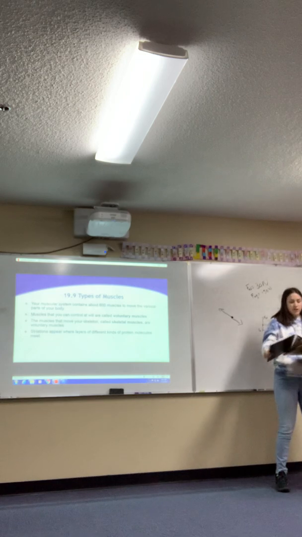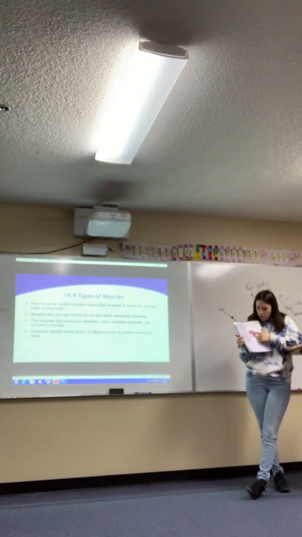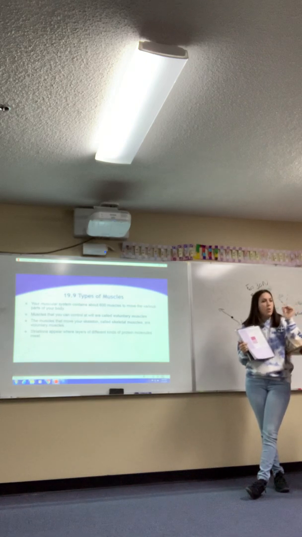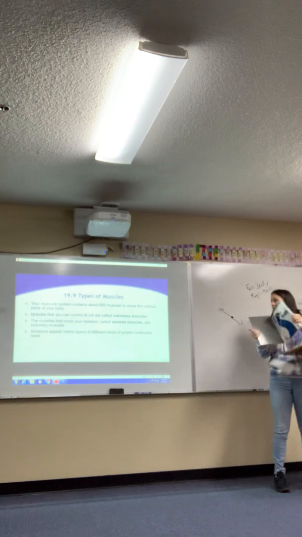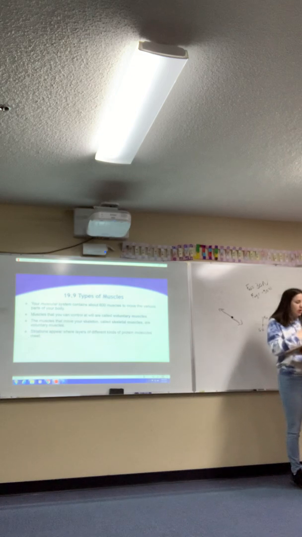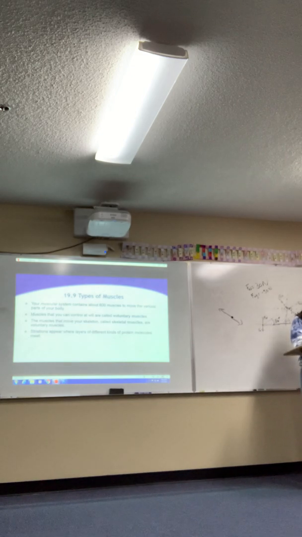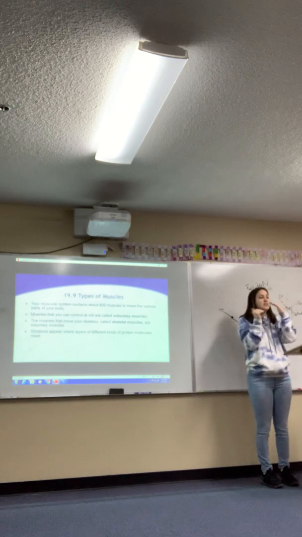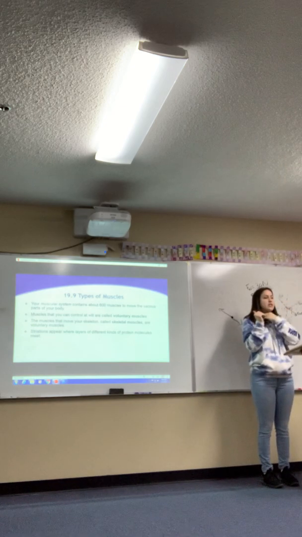If you look at page 428, you can see in this muscle right here that it looks very organized, right, with little lines. This is called striations. This is when you have different layers of protein molecules in your muscles and they meet together in an organized fashion. We call that striations.